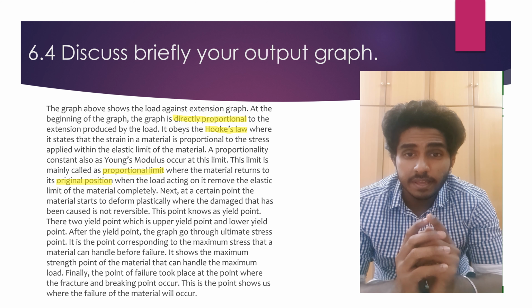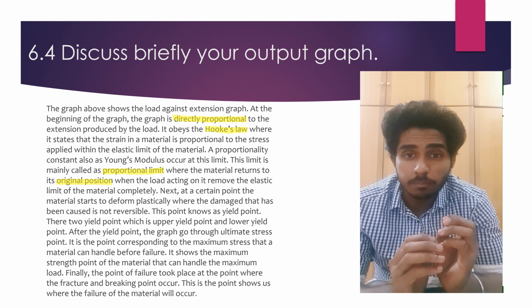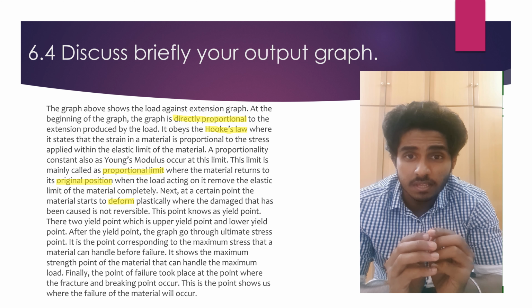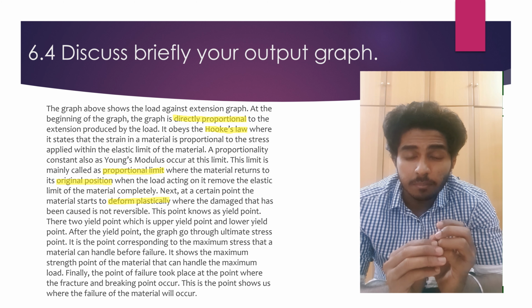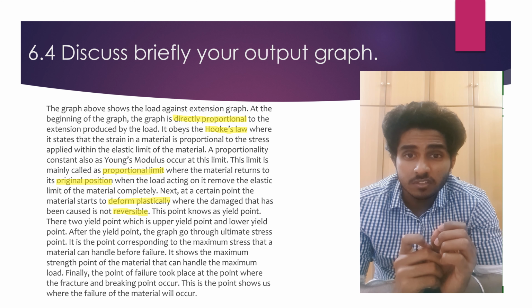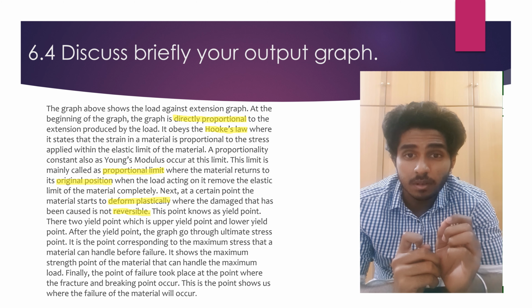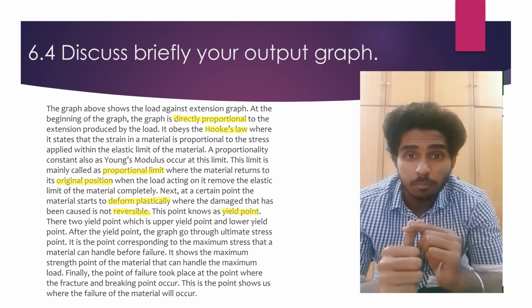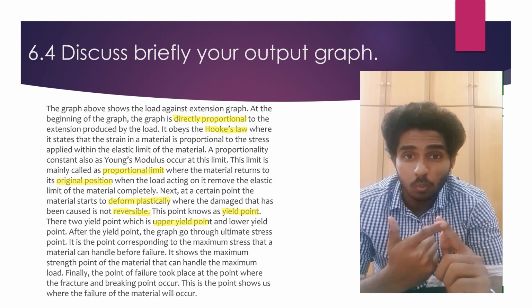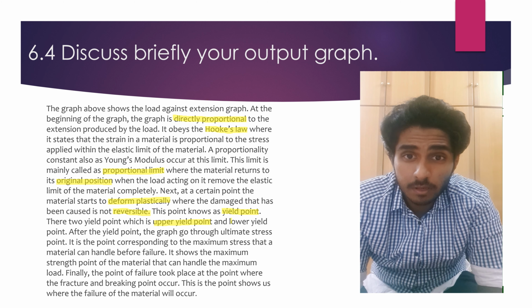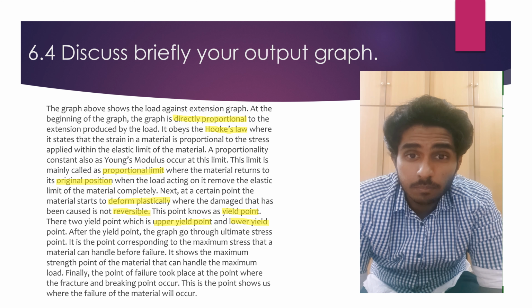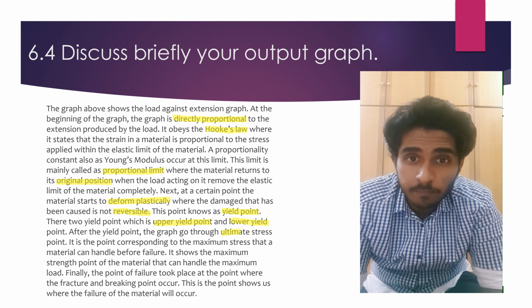Next, there will be a certain point where the material deforms plastically and the damage caused by it is not reversible. This point is also known as yield point. There are two types of yield point. The first one is upper yield point and the second one is lower yield point. After the yield point, the graph goes to another point, which is the ultimate stress point.